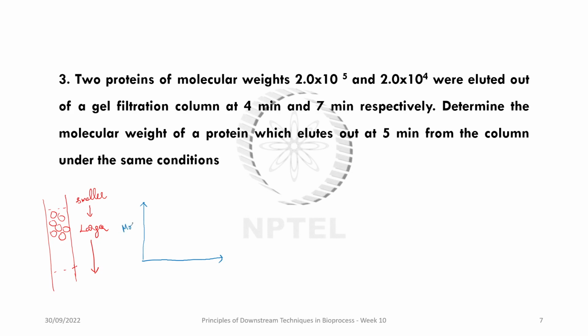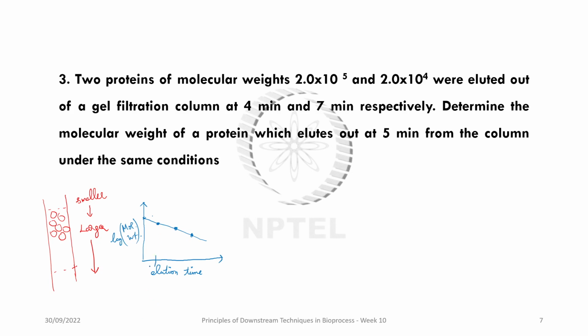So let's say this is the molecular weight. And as a hint, I'm going to take log of molecular weight, and you're going to have elution time. And it's going to have a negative slope. You get what I mean? And it has an intercept here. So based on this you should be able to arrive at the formula.